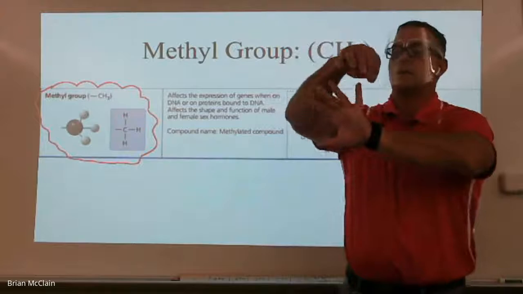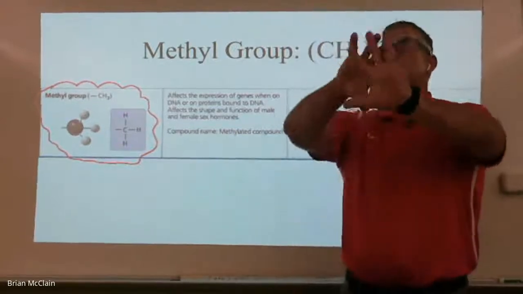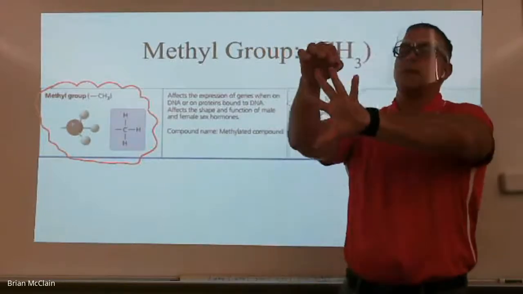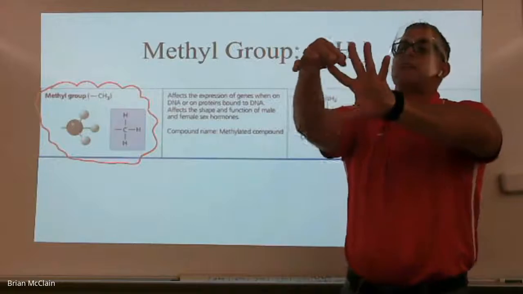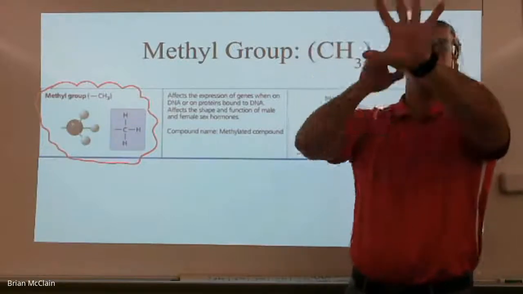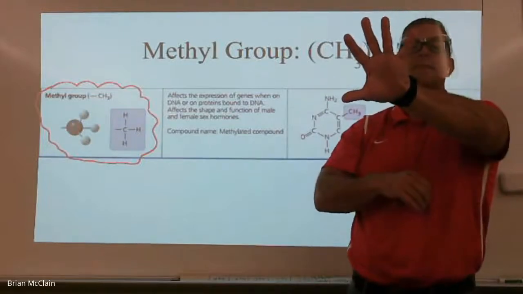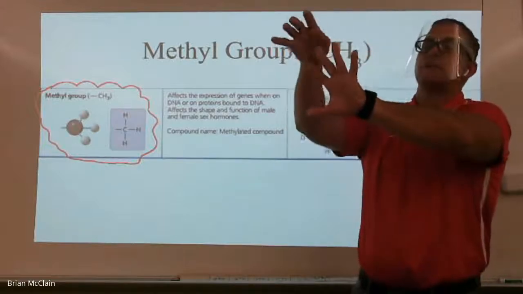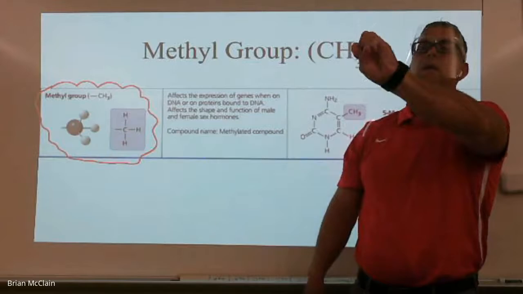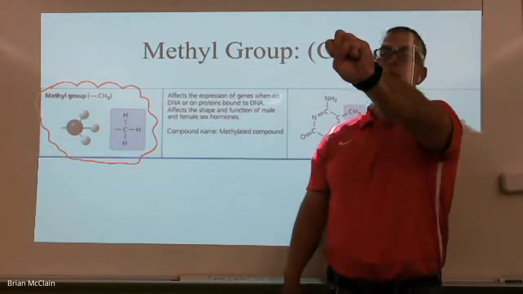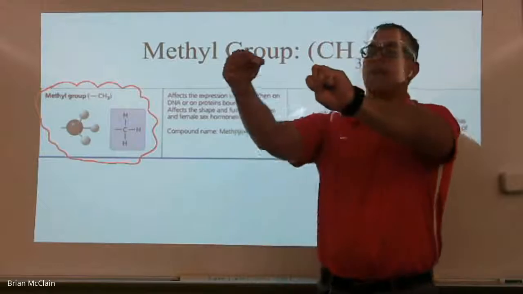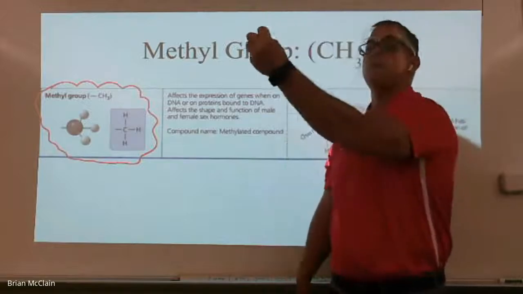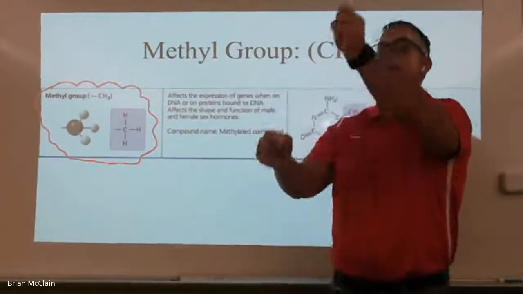But the idea is, if my DNA was loose, and my fingers are extended apart as much as possible, I would have sections of DNA accessible for transcription, to make protein. When we add methyl groups to those proteins, and I'm representing the tips of my fingers as those histone proteins, it closes the DNA down. So if I were trying to bring the transcriptional machinery to get that code to start the process of making a protein, it's shut down.